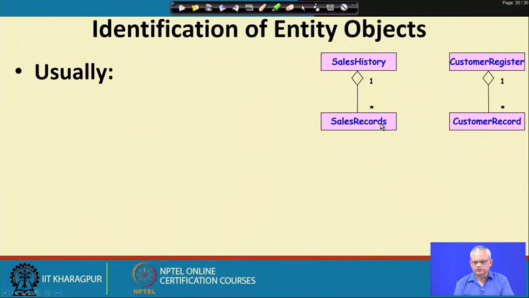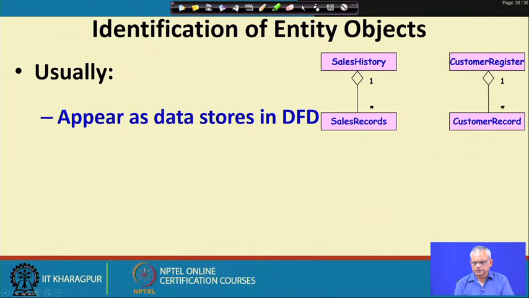So, for sales records we have an aggregator, sales history. Similarly, for the customer record there are many customer records and the aggregator is the customer register. The customer register keeps track of customer records. It in fact creates the customer records.